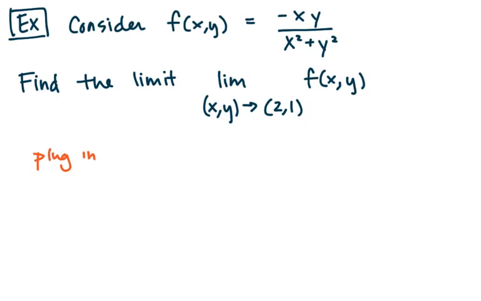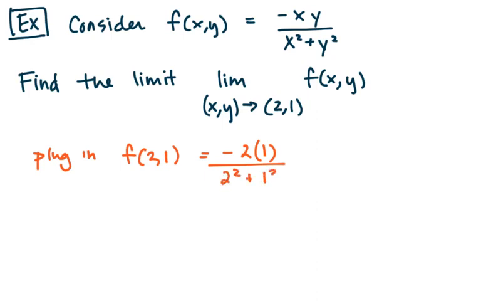So if I plug 2 and 1 in for my x and y, f of 2, 1, I have negative 2 times 1 over 2 squared plus 1 squared, and I get negative 2/5. That's my limit.